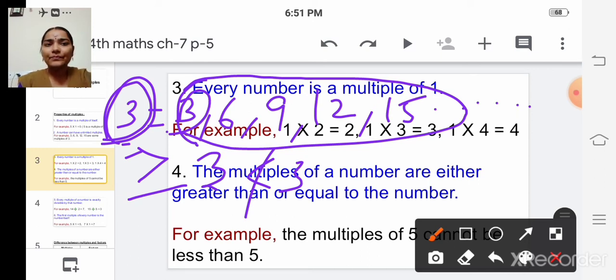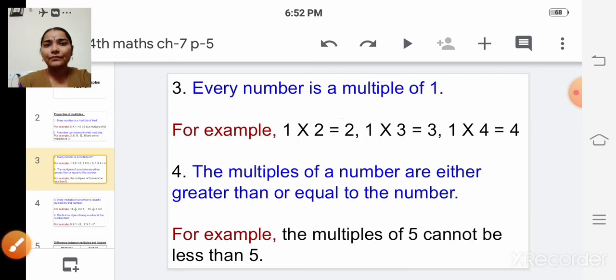So every multiple will be greater than or equal to the number, not less than the number. Okay. So what is the fourth property? The multiples of a number are either greater than or equal to the number.